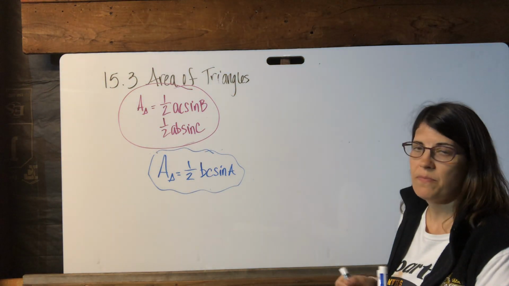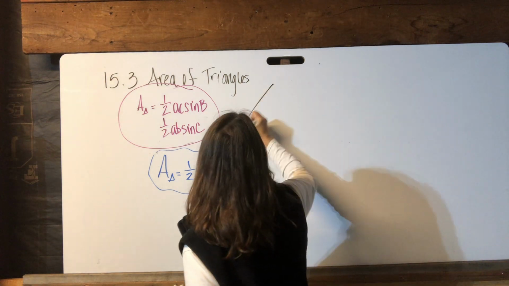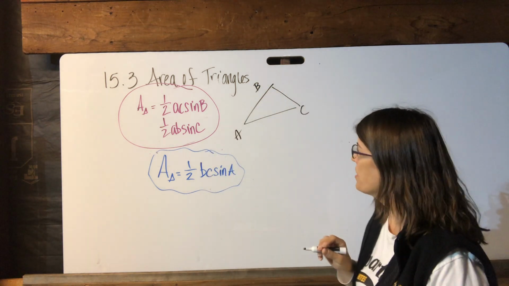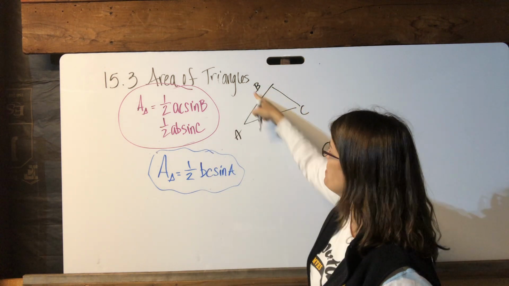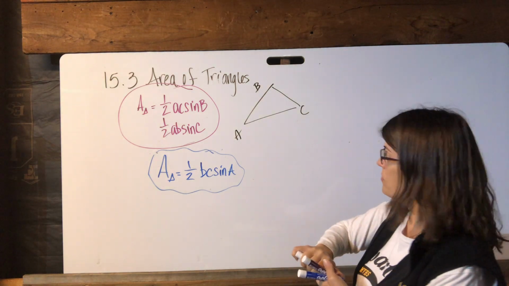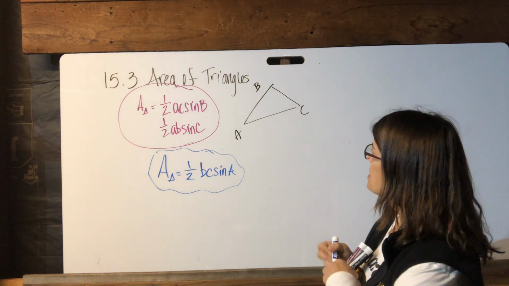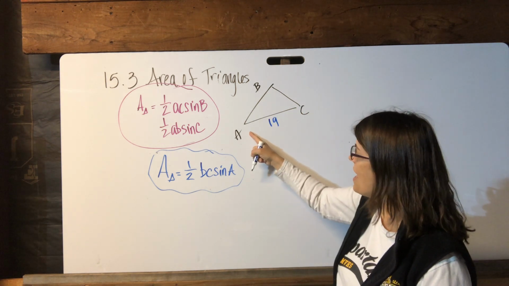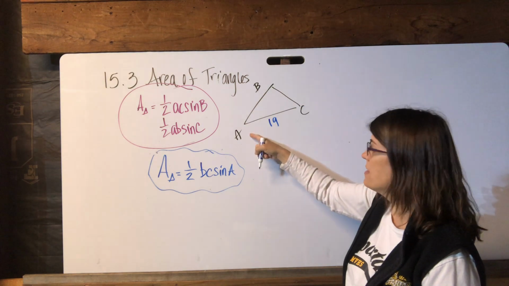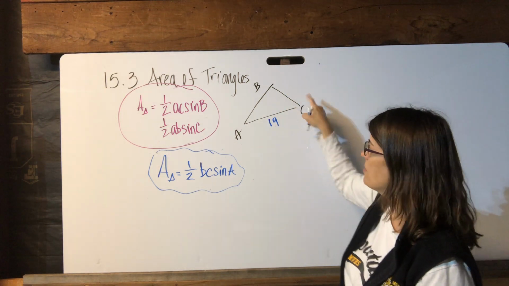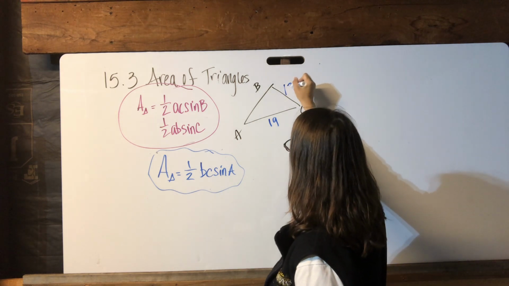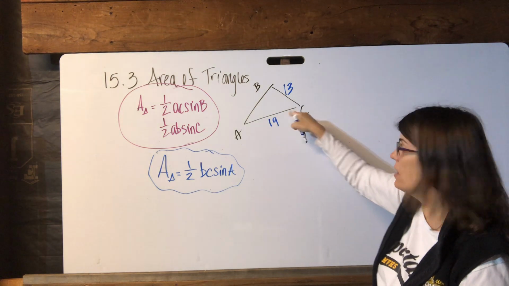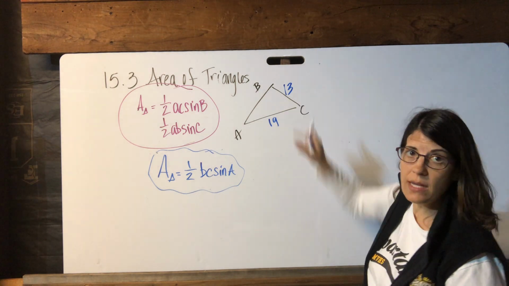So let's do a quick example. Let's say that side B, which is opposite angle B, is 19, and side A, which is opposite angle A, is 13. And I need to give you angle C, otherwise you can't use the formula. So angle C is between the 2 sides.